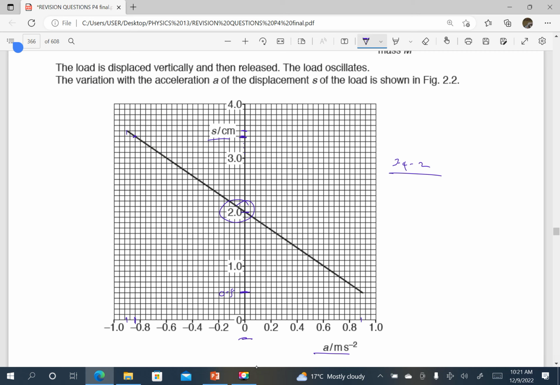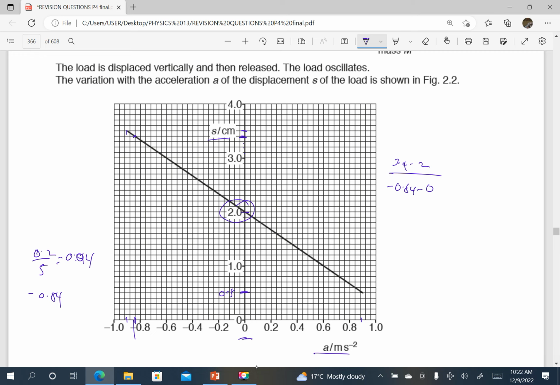The scale here is 0.2 over 5, which is 0.04. So this is negative 0.8, so this is 0.84. On the x-axis, I have negative 0.84 minus 0. Taking this point and the vertical axis, find the gradient of that line.